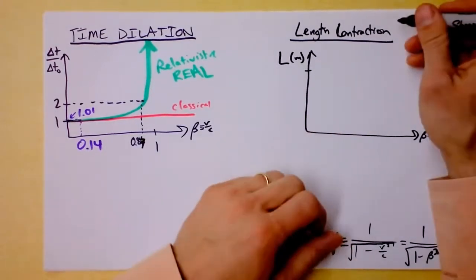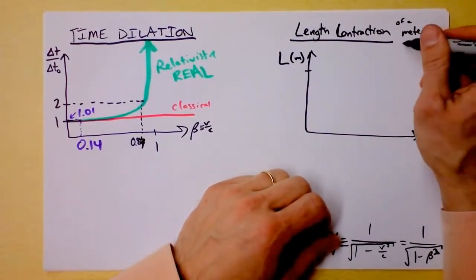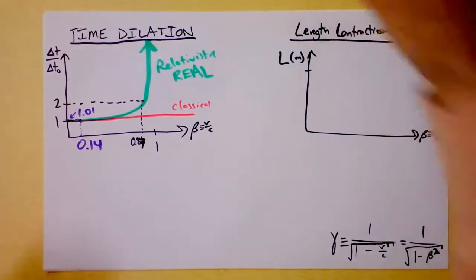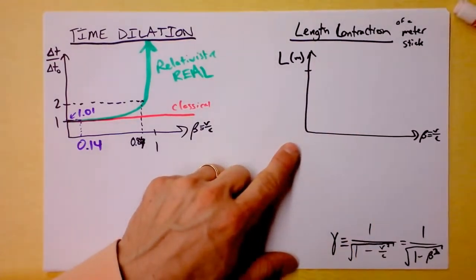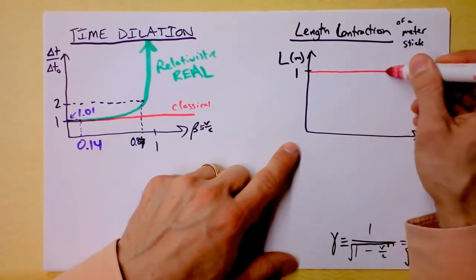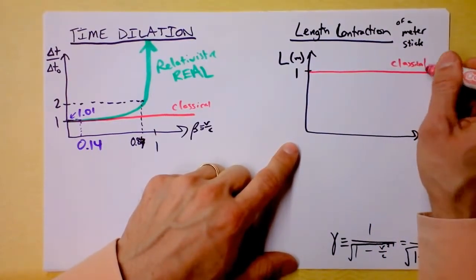And I'm going to say length contraction of a meter stick to give us something concrete to work with, but everything will be scaling the same way. So the classical solution to the length of a meter stick is it's a meter. Okay, that's classical. Your meter stick is 1 meter long.